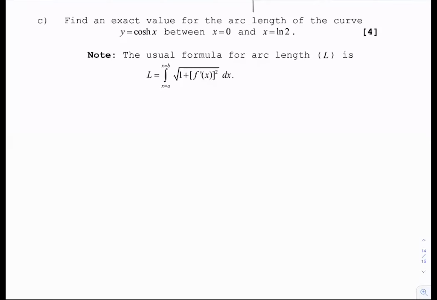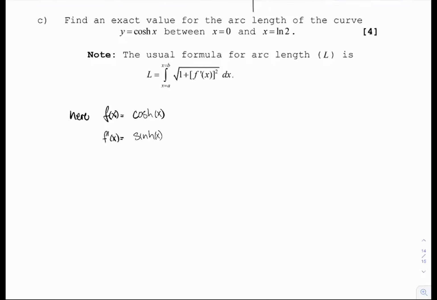Okay, so using this formula, we can find the length along the function f of x. So here we have the function f of x equals cosh of x, right? So if we know f of x is cosh of x, that means f prime of x is equal to sinh of x.